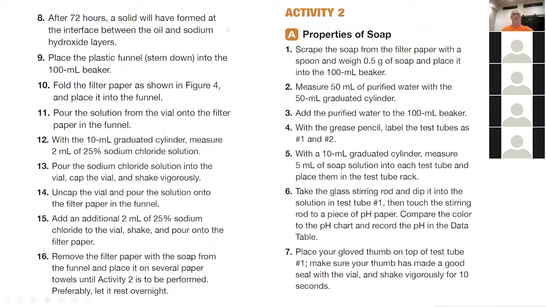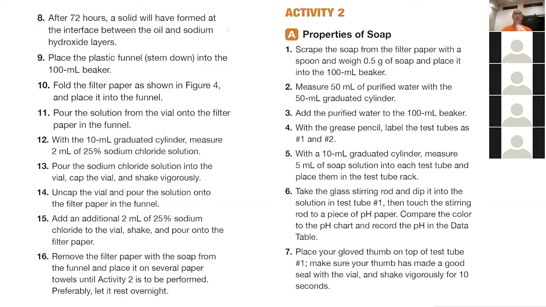After that, you should form a solid. Eventually those are going to form two layers again, because you've got oil and water. So now you should have fatty acids and water, and the fatty acids should be forming micelles. I don't know how solid it's going to be, because I haven't done this experiment myself.